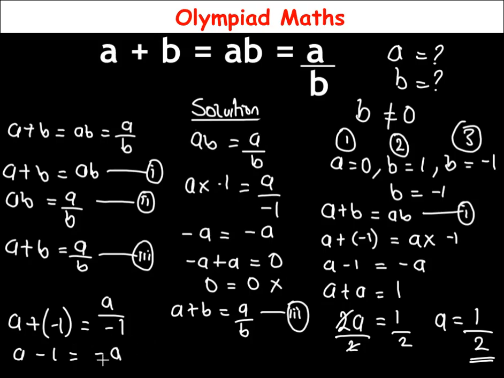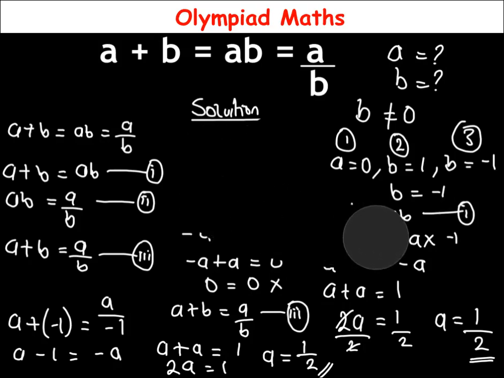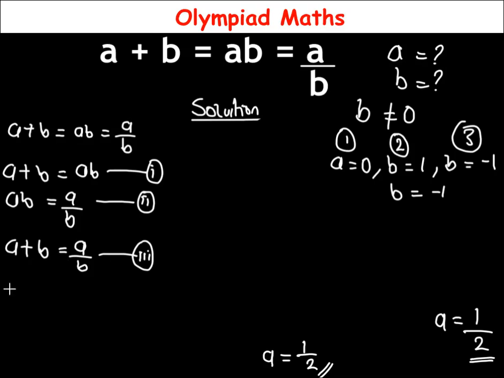So this becomes minus a crosses over, you have a plus a is equal to minus 1 crosses over, you have it as 1. So a plus a is equal to 2a, which equals 1. Then to solve for a, divide both sides by 2, a is equal to 1 over 2. So as you can see, we've gotten the value of a, which equals 1 over 2, when b is equal to minus 1.